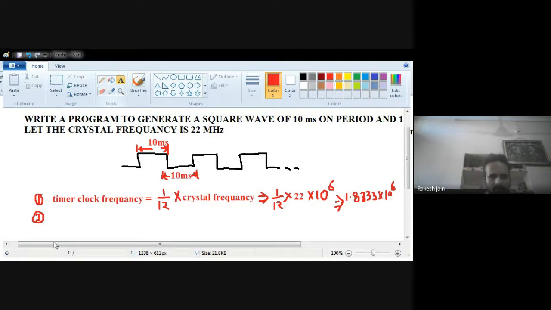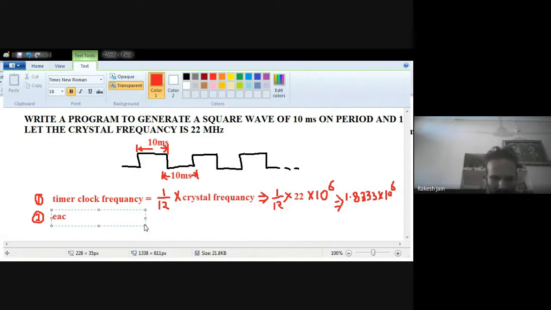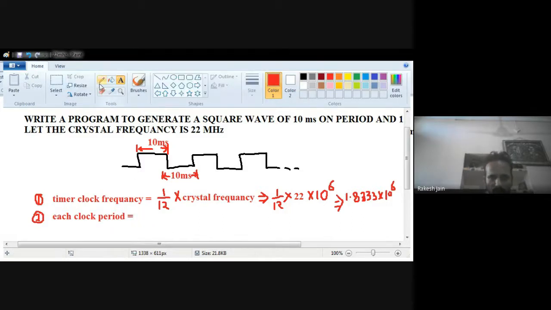Then the second step should be calculation of each clock period. And each clock period is equal to nothing, because we know that time period is equal to 1 upon frequency. So 1 divided by what is the frequency? The frequency of timer clock frequency.